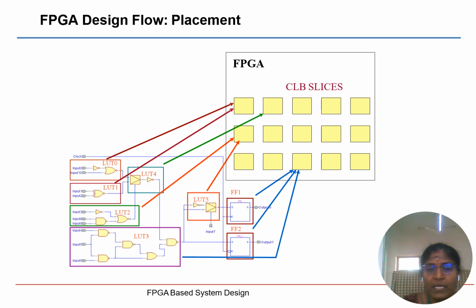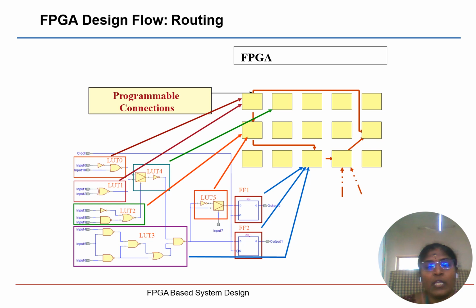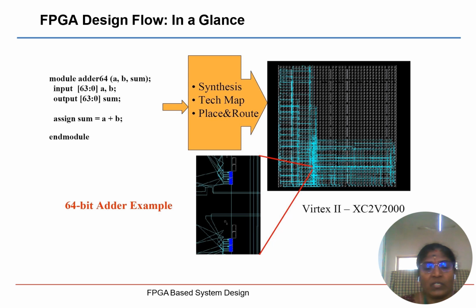This is nothing but placement. Now routing. Once the LUTs are placed into the configurable logic block, direct connections or long connections, everything can be established. This line is nothing but connections.